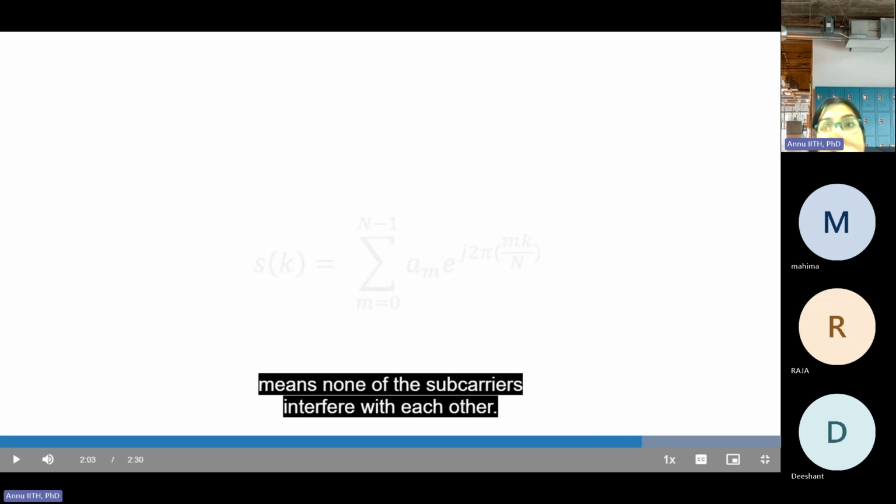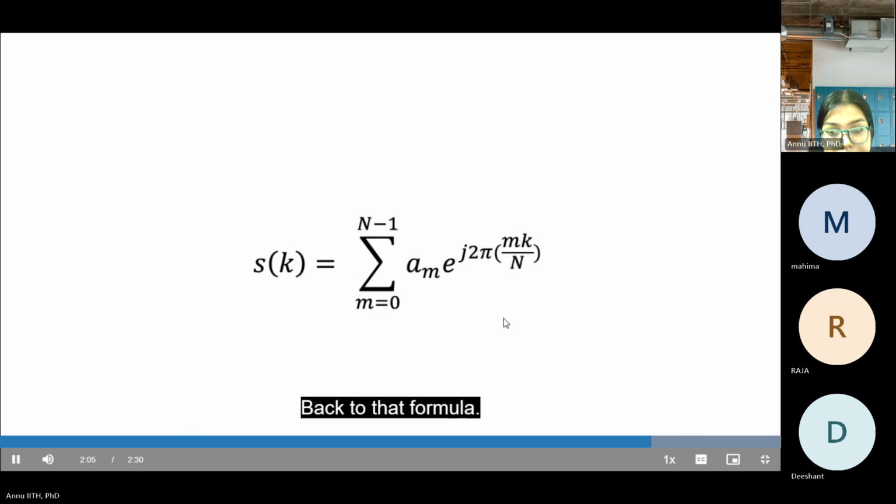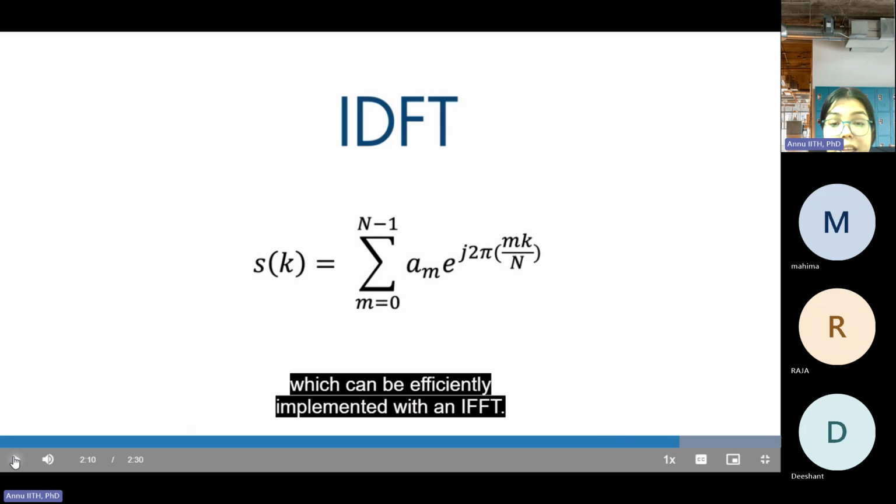Then to the serial to parallel converter in an OFDMA. So the summing process is actually the IFT, and the IFT reduces the processing a lot. So what is the difference between IDFT and IFT? Nothing. The IFT is the fast Fourier transform version of the IDFT.